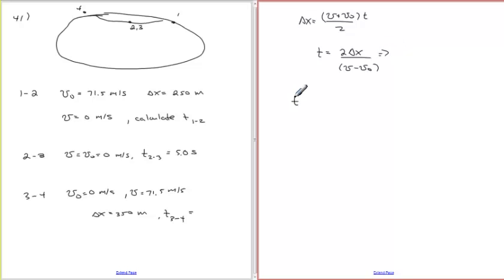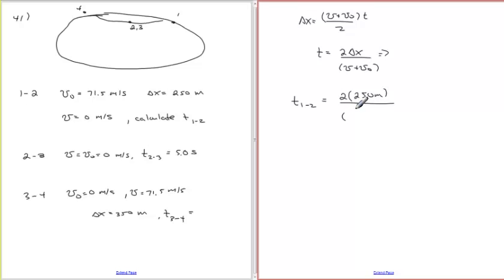And so the time to go from 1 to 2 as we slow down is going to be equal to 2 times delta x, which is 250 meters, divided by V plus V0. Oh, it's plus. I knew there was something wrong.